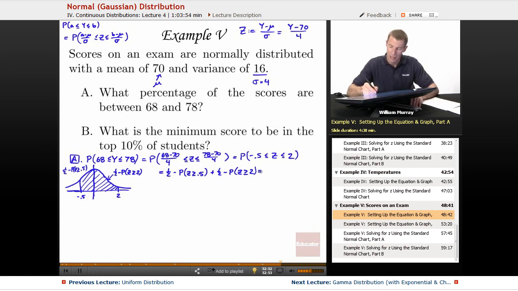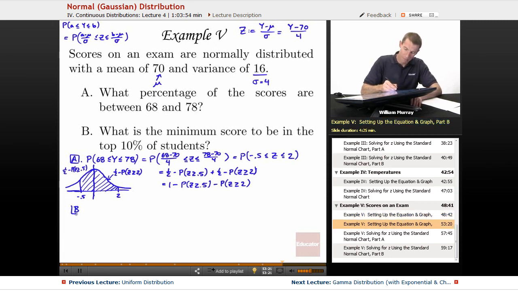I'm going to simplify that a little bit, combine the halves into 1 minus the probability that z is bigger than or equal to 0.5 minus the probability that z is bigger than or equal to 2. So I can look both of those up as soon as I get a standard normal table for myself. I'm going to hang on to those for now, and I'm going to look at part B.